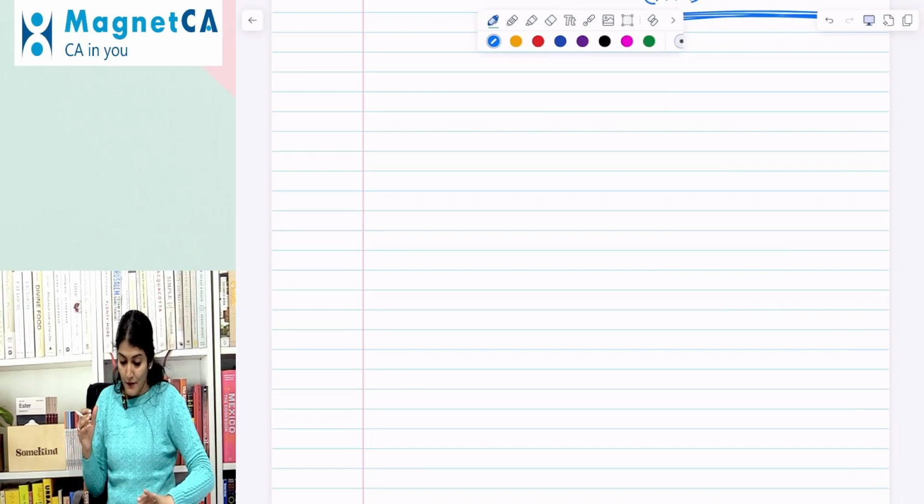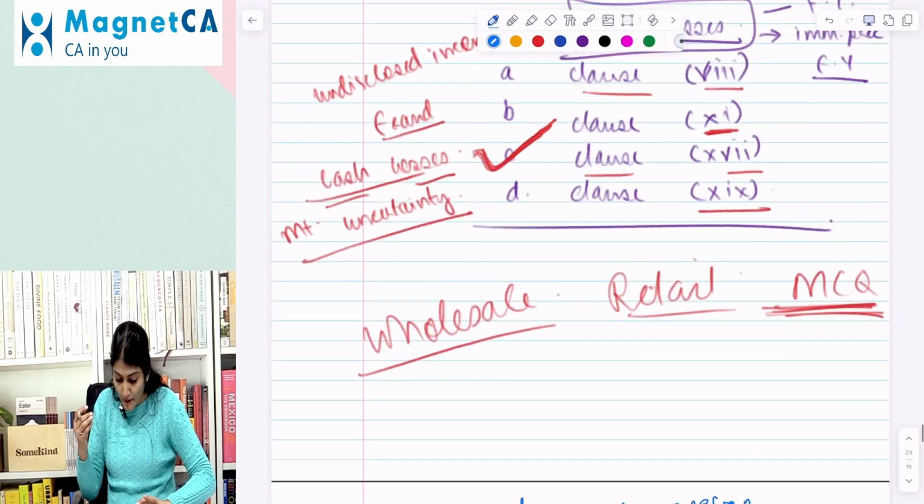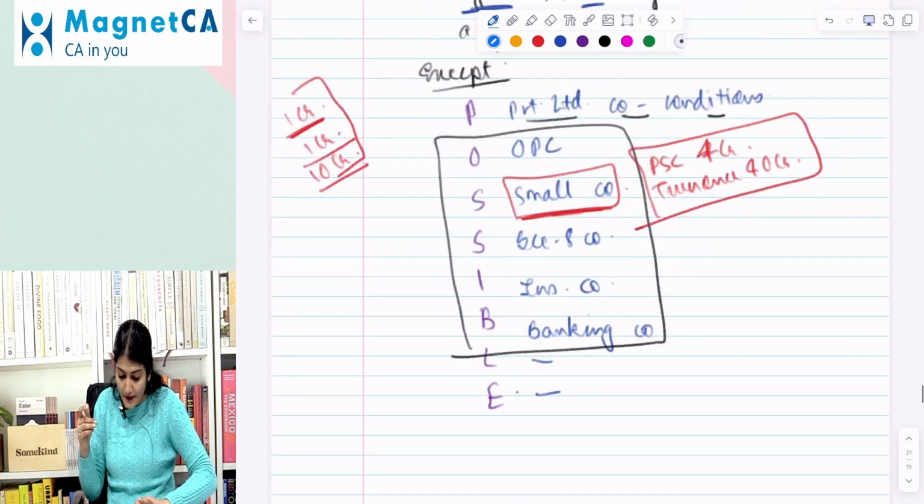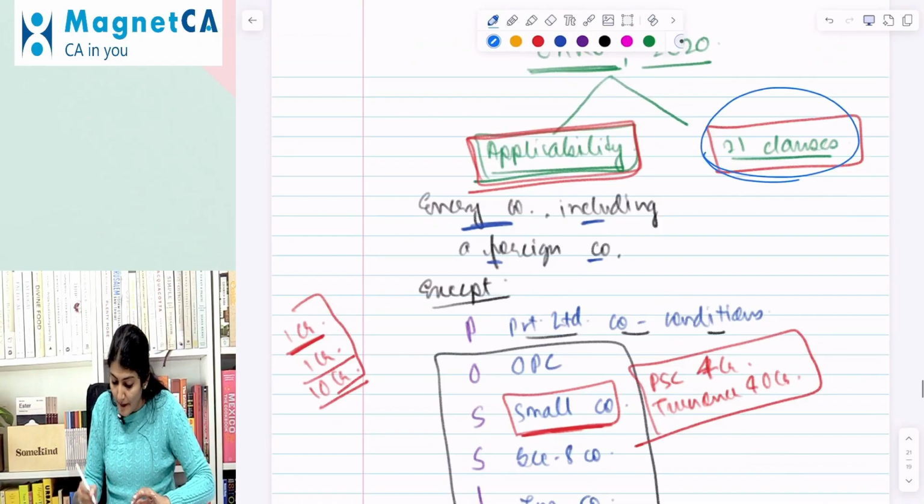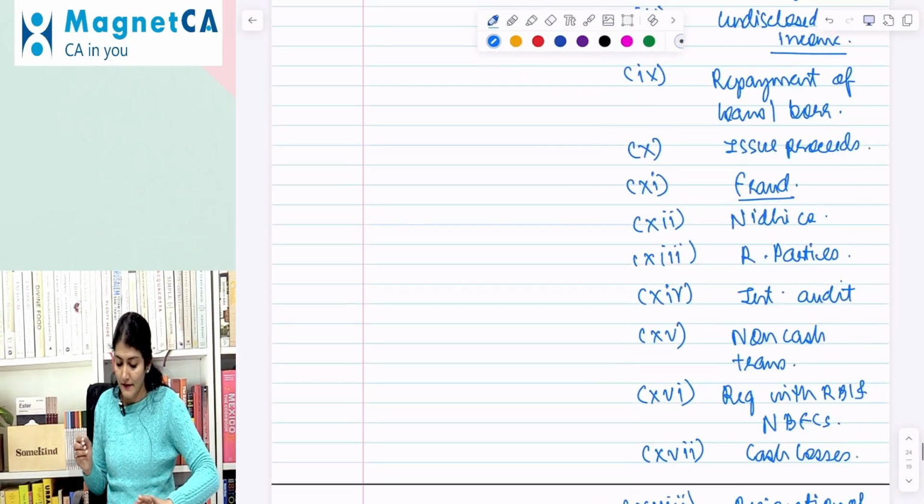Okay, wonderful, right? So with that, we have done a quick revision of the applicability of the CARO and also the 21 clauses of reporting under the CARO.